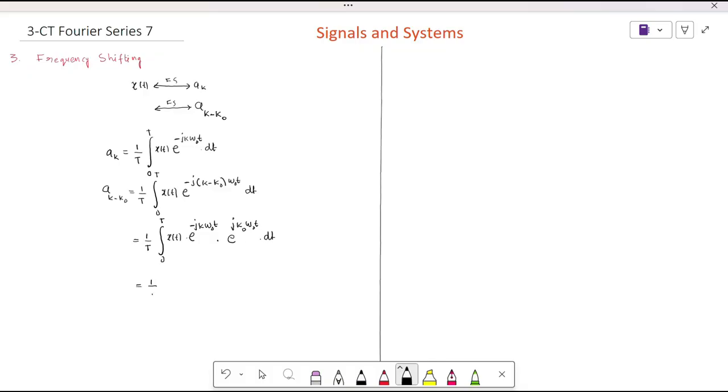So 1 by T integral 0 to T x of t is the signal in the time domain.